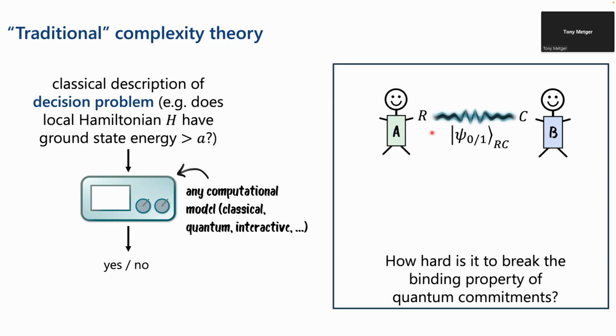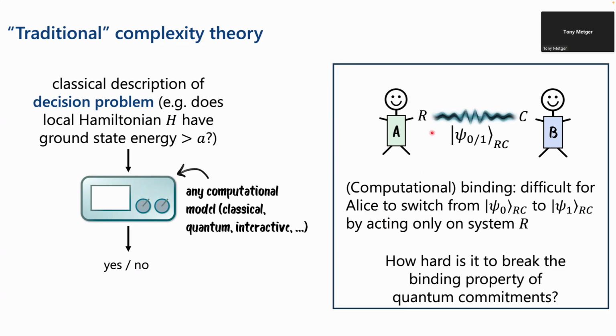And there's this property called computational binding, which says basically, once Alice has locked her box and sent her box to Bob, she shouldn't be able to change what's in the box, right? And more formally, once Alice has sent over this commit register C here, just by acting locally on her side of the system, she shouldn't be able to switch between psi1 and psi0.